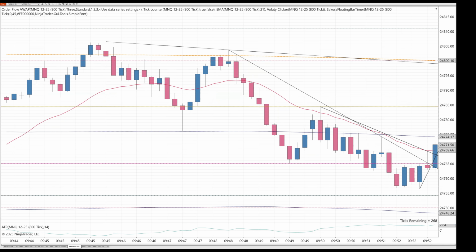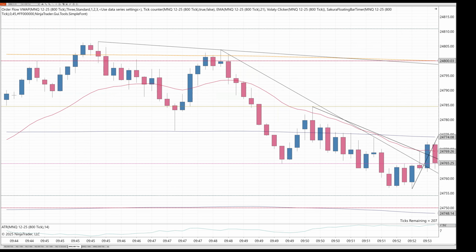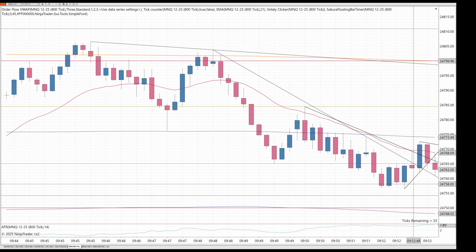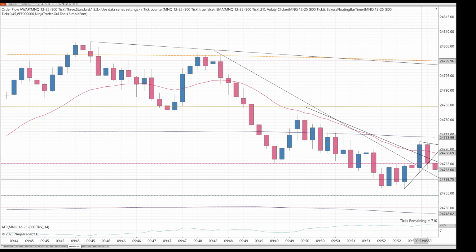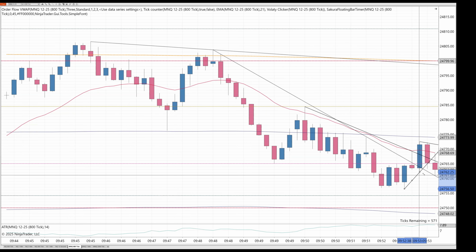Okay, so now this is a signal to go higher, but we do have the standard deviation in the way. It didn't trigger. It did trigger lower, but we were still in this trend line.